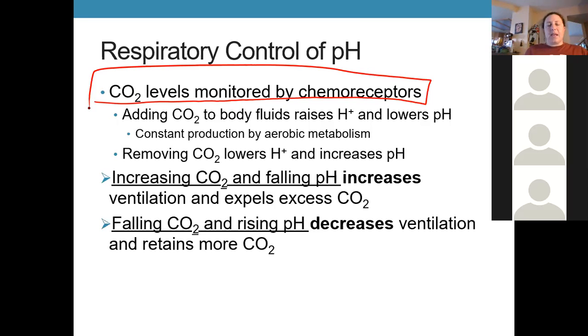So generally speaking, when we add carbon dioxide to body fluids, the ultimate result is increasing the amount of hydrogen ions and decreasing the pH. We're always producing carbon dioxide, so all we have to do is breathe off less of it to increase the amount, right?